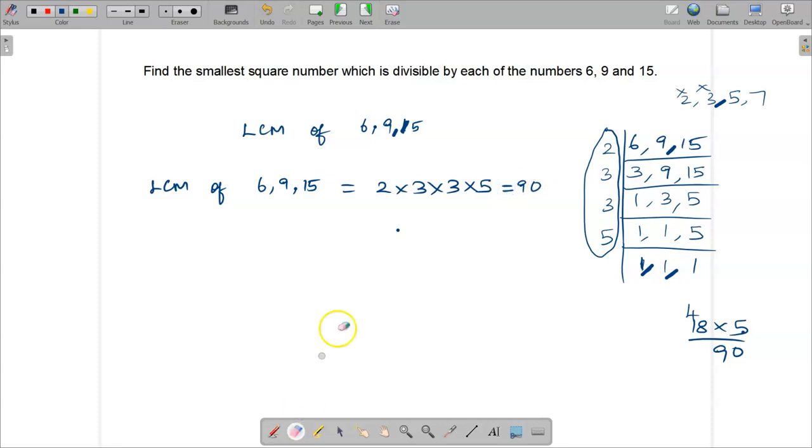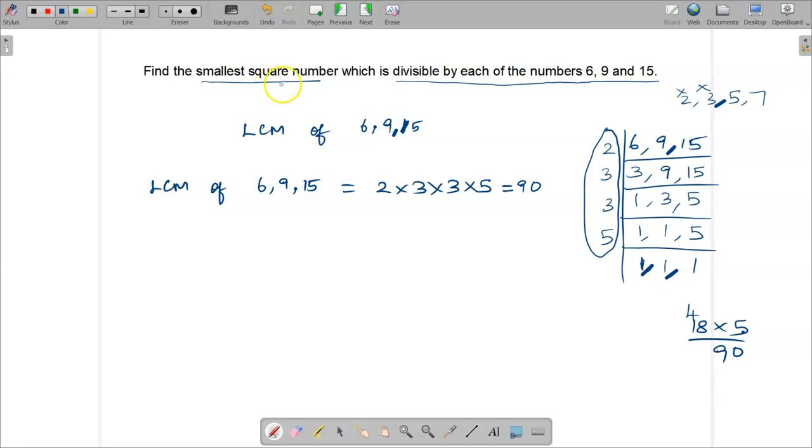Now again, what they are saying, find the smallest square number which is divisible by each of the numbers 6, 9 and 15. So 90 is divisible by 6, 90 is divisible by 9 also, 90 is divisible by 15 also. So that concept is correct.